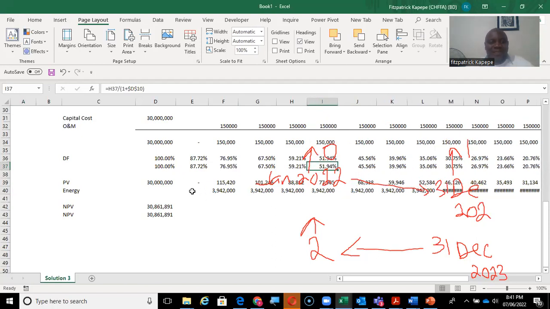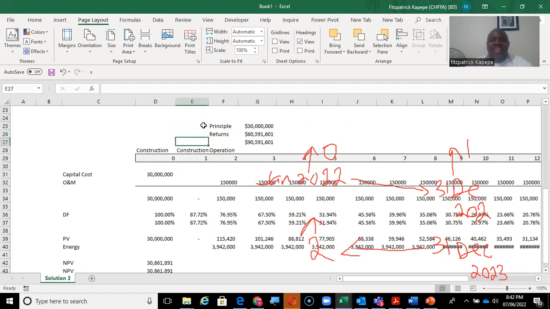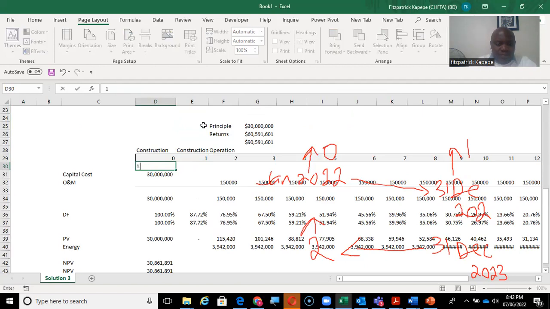So, because at first we thought it was in year 1. No, year 1, is because you know when you're looking at these things, it is end of the year, end of the year. So if I come this side, I'll say this is 1st January 2022, for example.